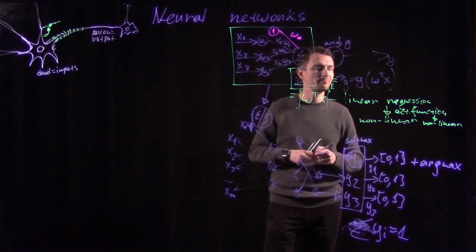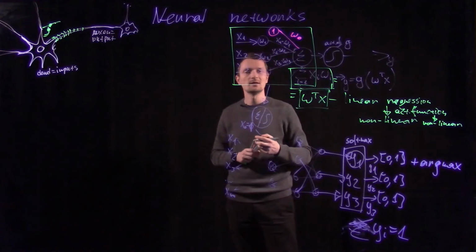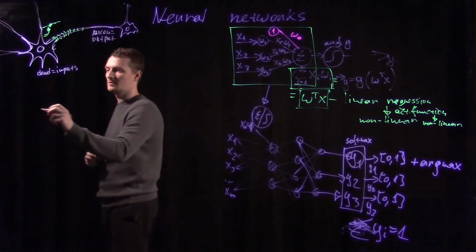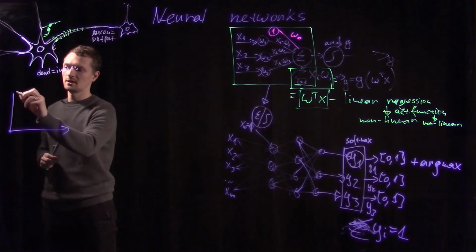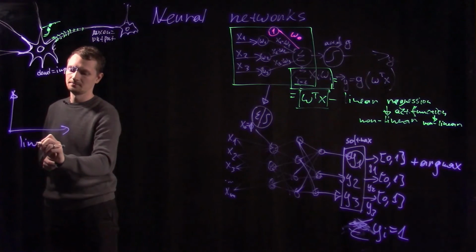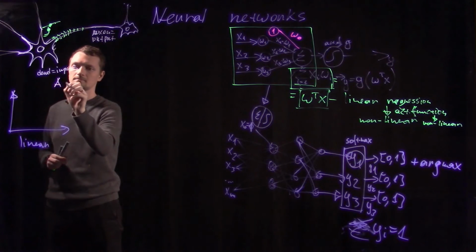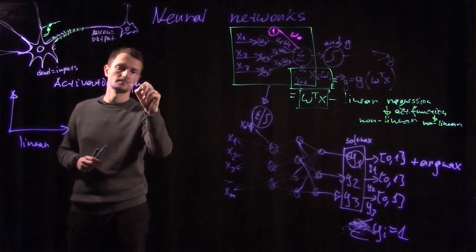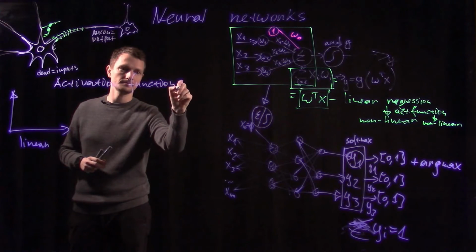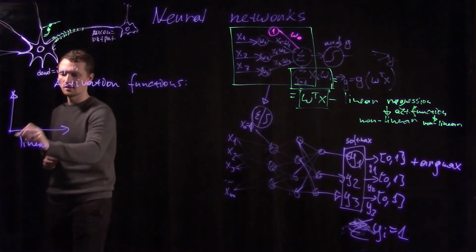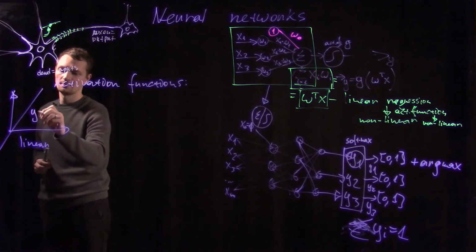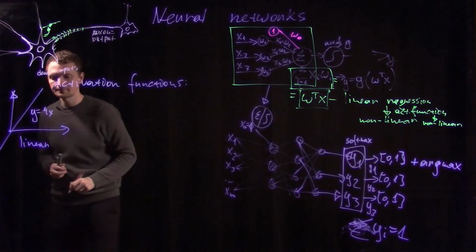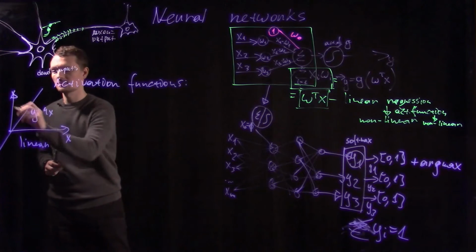Let's go a little bit back to activation functions. As I already mentioned, we have different types of activation functions. There is also a linear activation function. So basically it's like a line. It might be, for example, something like this. For x, you have epsilon.